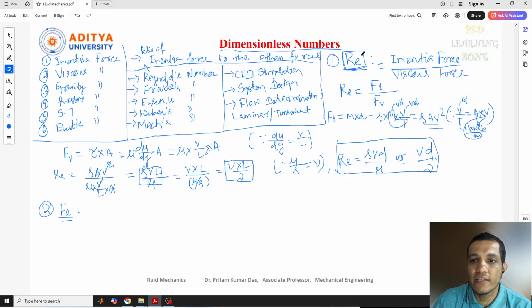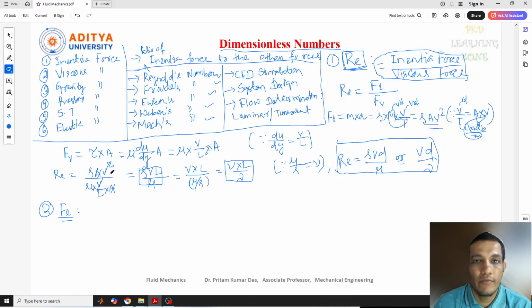The second concept is that only for the Reynolds number there will be no square root, only inertia force by viscosity; for the remaining numbers we are going to discuss, it is inertia force to the gravity force, square root of that.